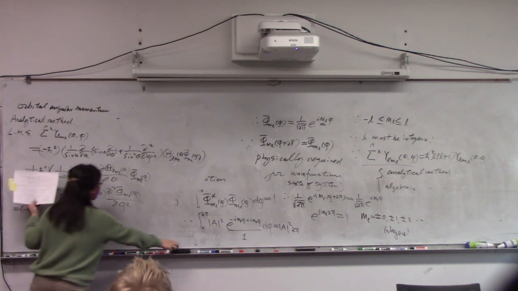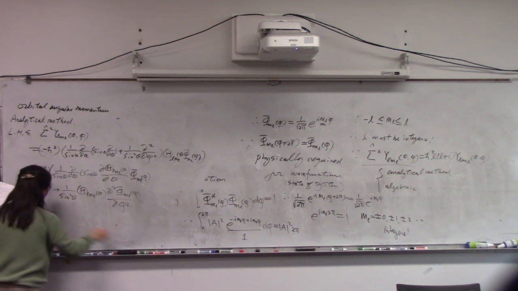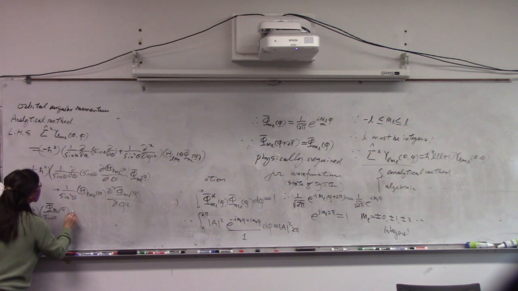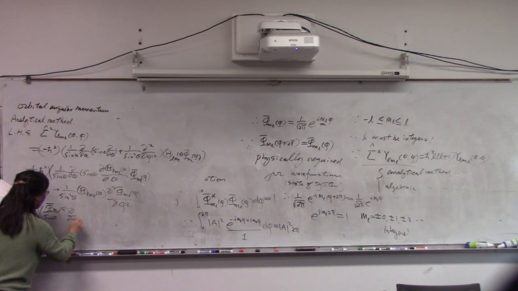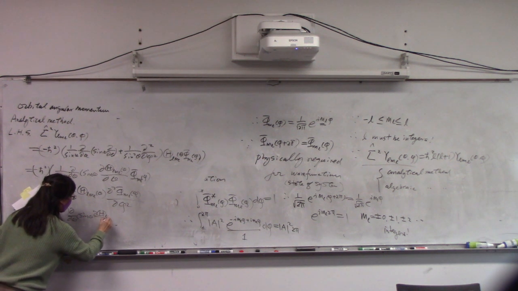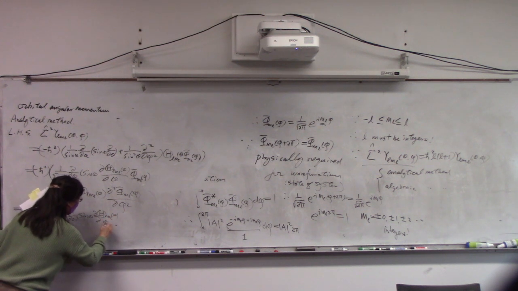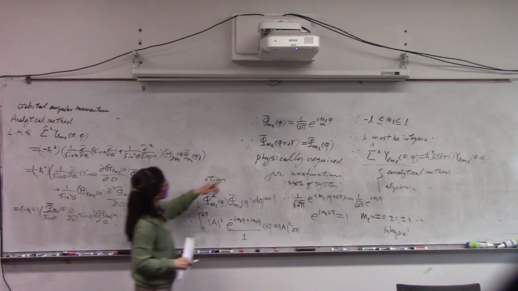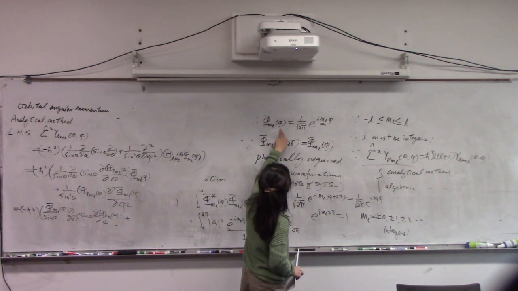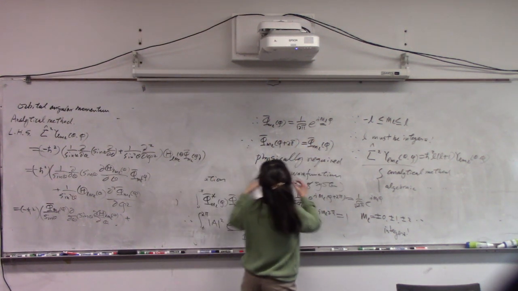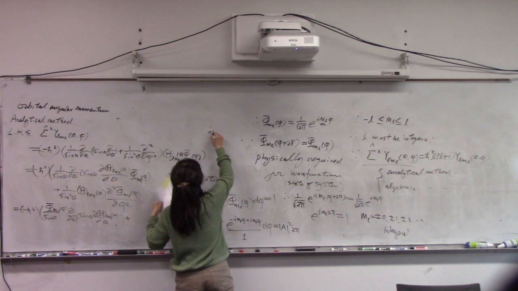Because it does not depend on θ, I can write it down here, and then partial θ, sin θ, partial. For the second one, since we already know this Φ is an exponential, when we do the second-order derivative, the first-order derivative gives us a factor i m_L, right?